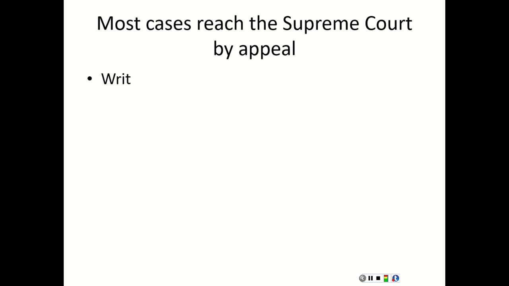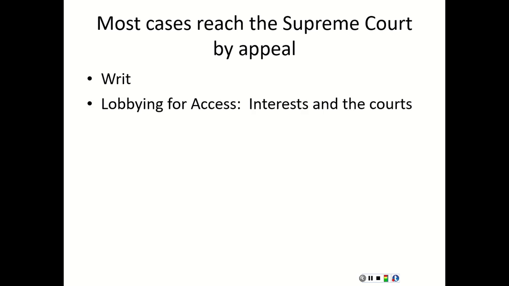With this in mind, we see a lot of groups that are lobbying for access. Interest groups, society forces, will use several strategies to persuade justices to listen to their problems. Group lawyers will plan carefully to bring a case into court.